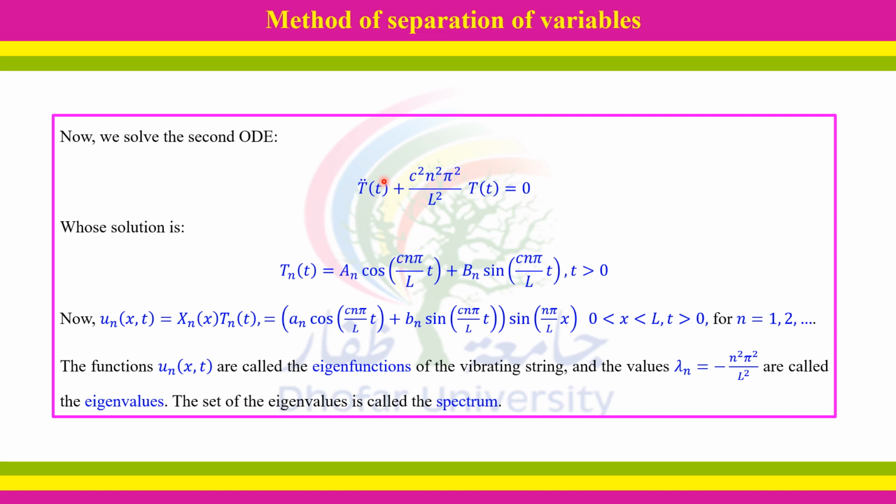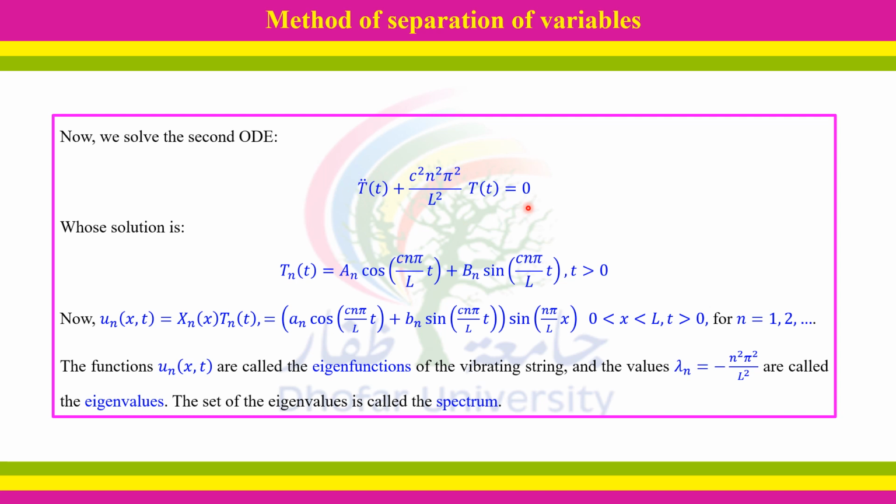We solve the second ODE in T, which we read T double dot minus lambda T equals 0. It takes this form after we substitute lambda by its value, minus omega squared, which is minus n squared pi squared over L squared.